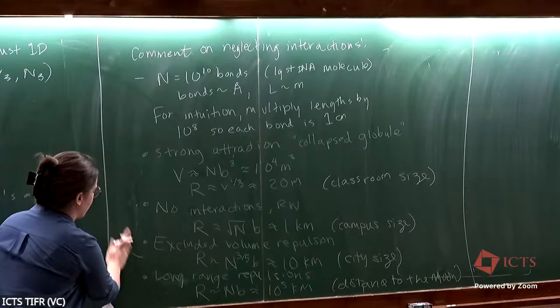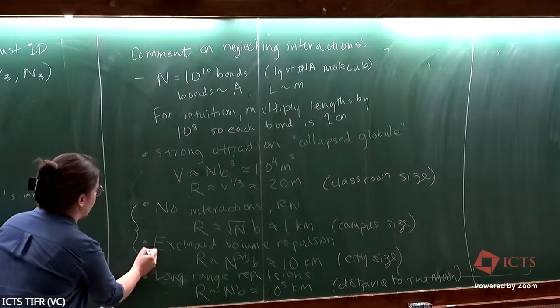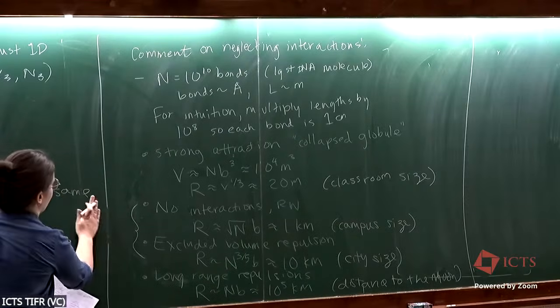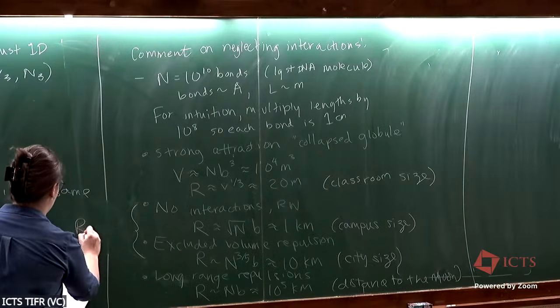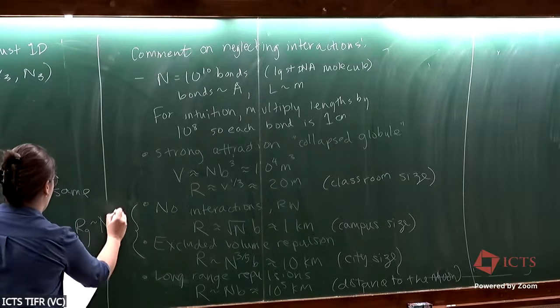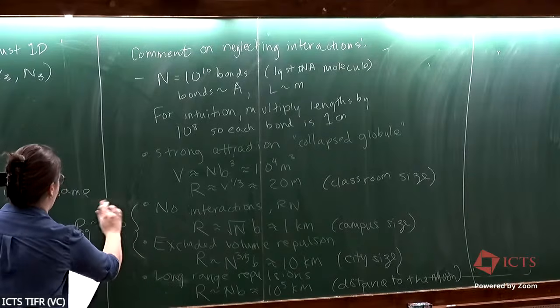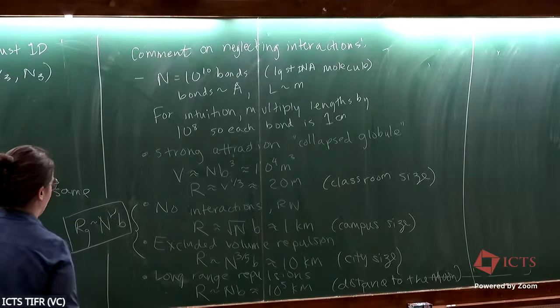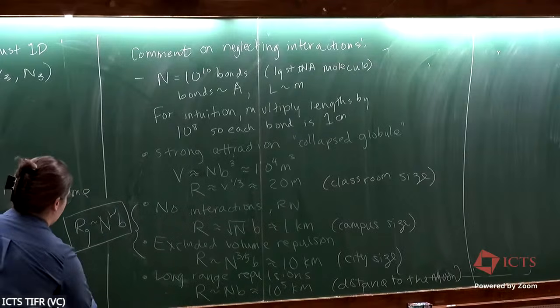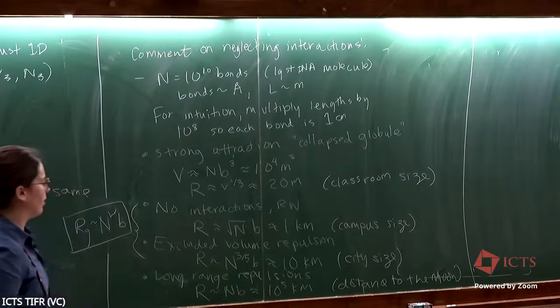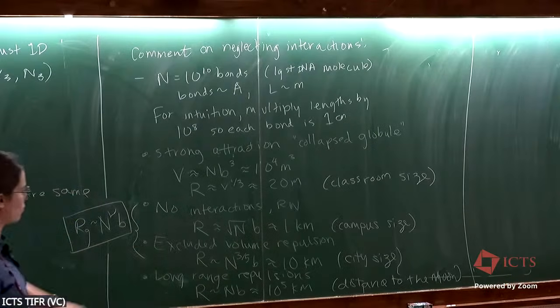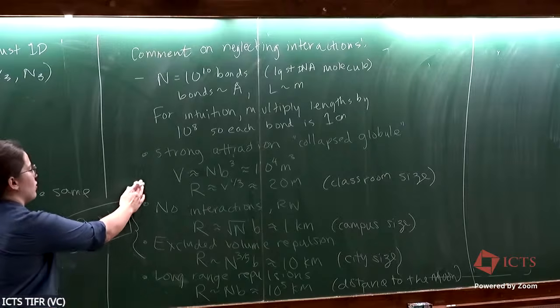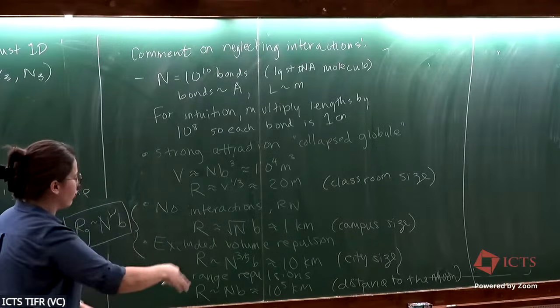For these cases in between, where we have no interactions to excluded volume interactions, there's a wide range of things that are possible here. It's typical to write this radius of gyration with this exponent, n to the nu times b, and noticing that it scales from, if we're interested in something scaling with the square root, where nu is equal to 1/2, there are many different things where we can consider a solvent that is good versus a solvent that's bad.